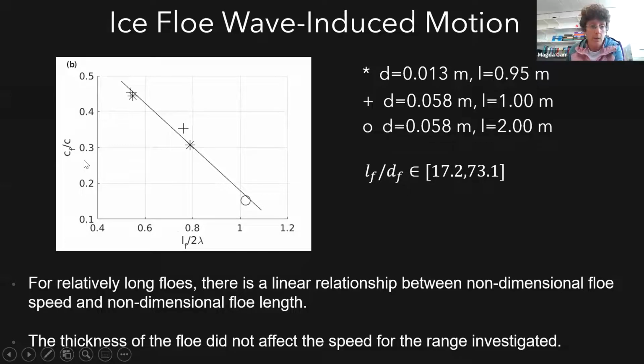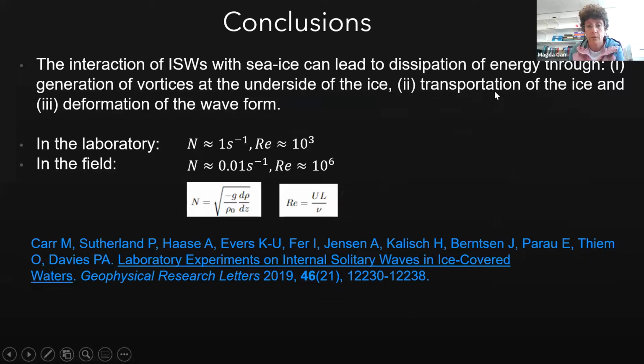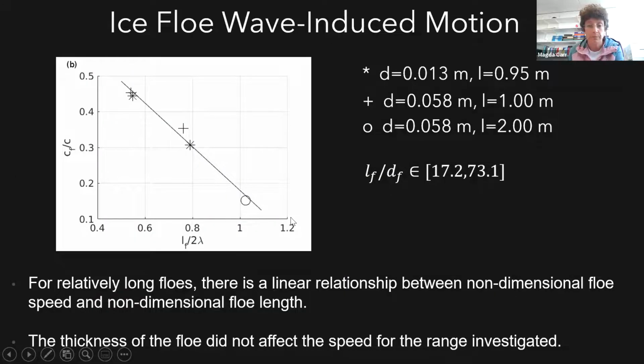And here we're plotting ice speed divided by wave speed. And on the x-axis, we have the length of the ice divided by 2 times the wavelength. And this is just for the level ice cases. So we looked at 2 different thicknesses, 1 centimeter and 6 centimeters roughly, and 2 different lengths, 1 meter and 2 meters.